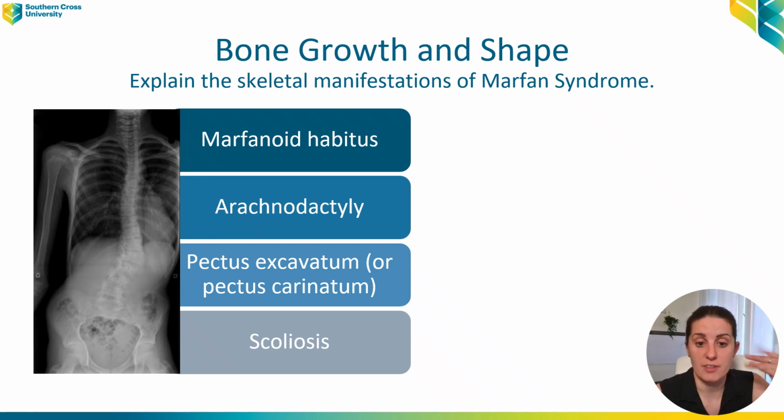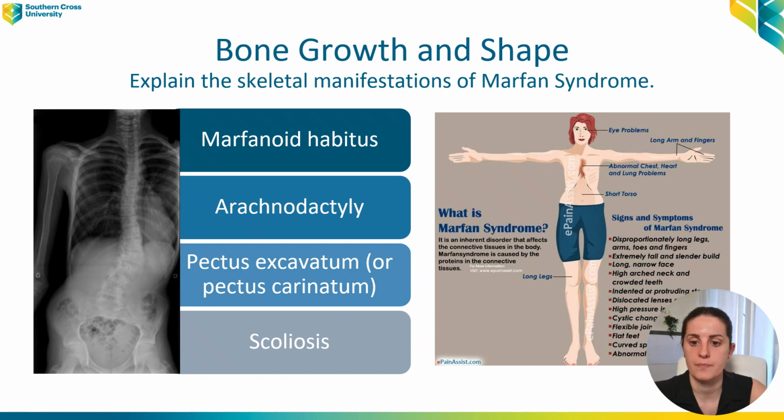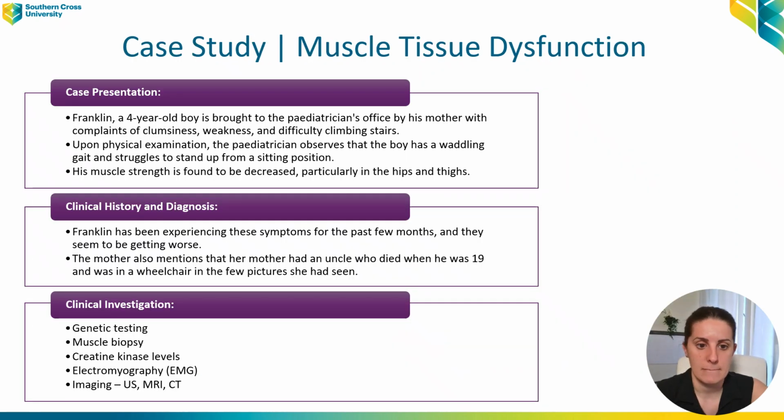And then you also have the arachnodactyly, the spider fingers that we mentioned, the pectus excavatum, which is the chest kind of caving in, and scoliosis. Okay, so that's that case study.